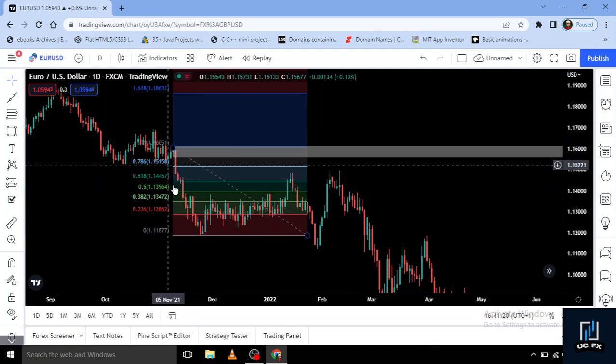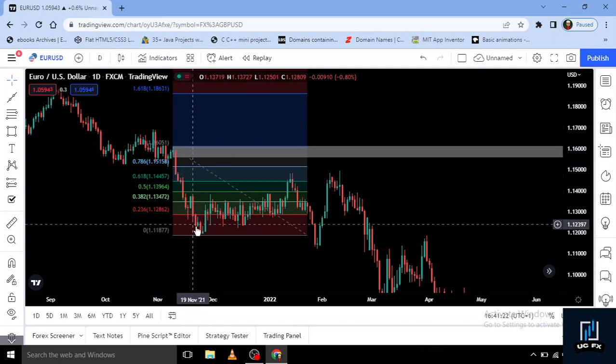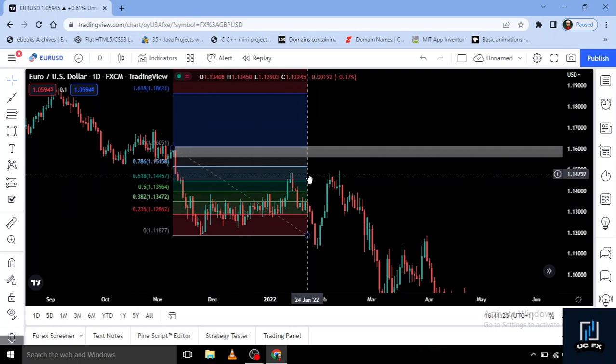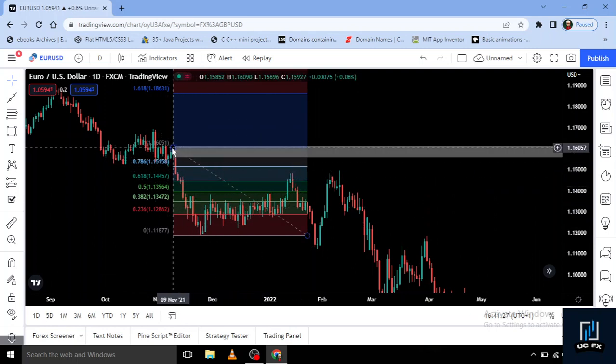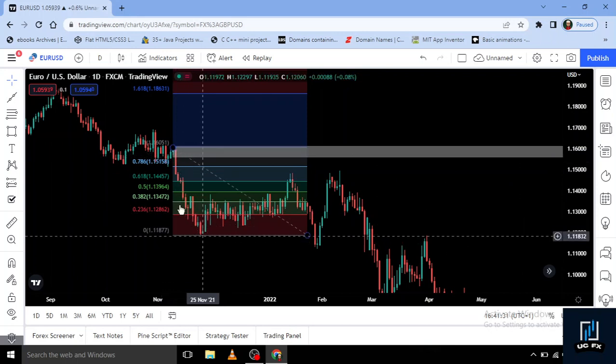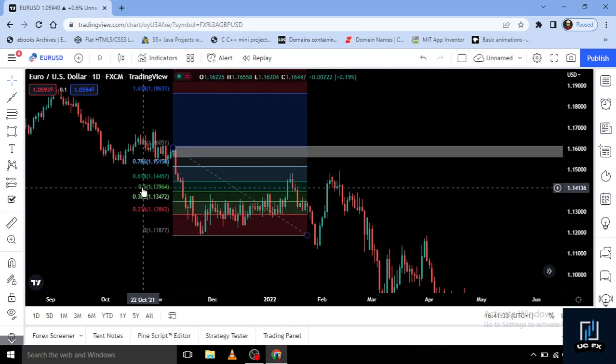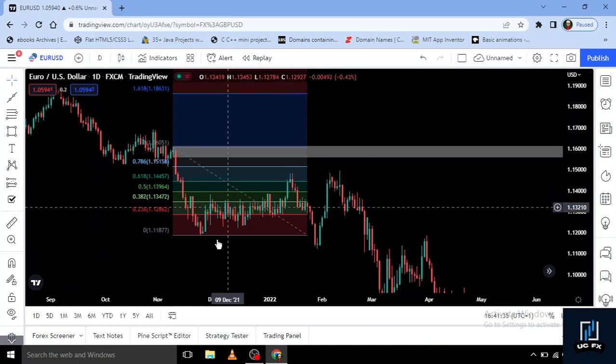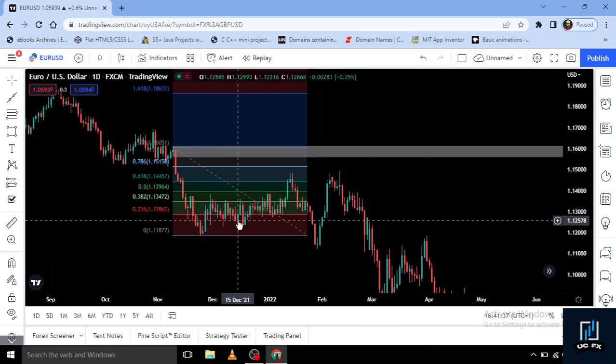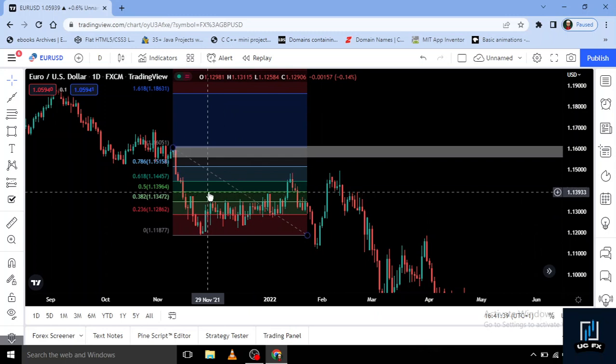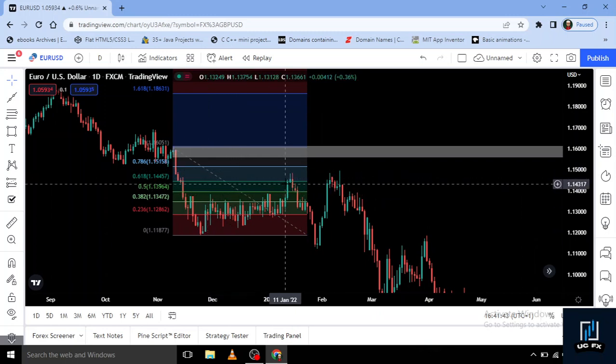We are considering this range in regard to this order block. Let's say you are trying to sell from this order block. You have to wait when the price is at premium. Premium is anything below the 0.5. So here is our premium price. Here is our equilibrium price, 0.5, and from 0.5 upwards is what we call our discount.